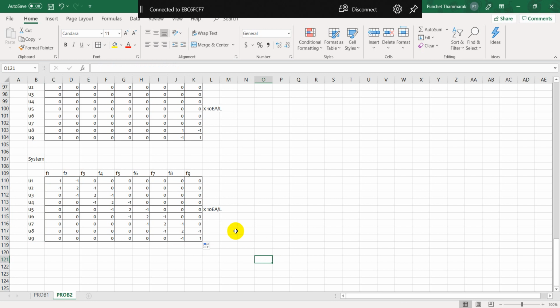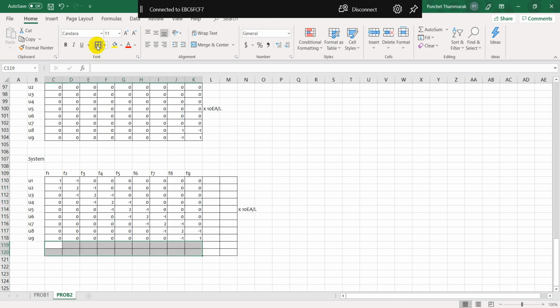Then boundary conditions. For the boundary conditions, we have two. We have not incorporated the spring yet. We will soon. Alright, minus 1. And U9, minus 1.